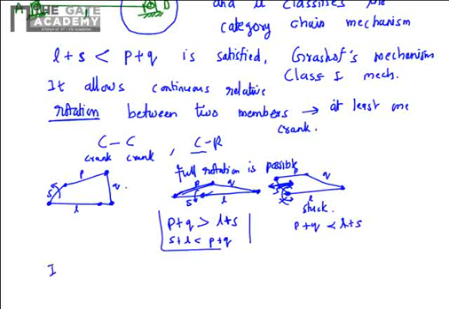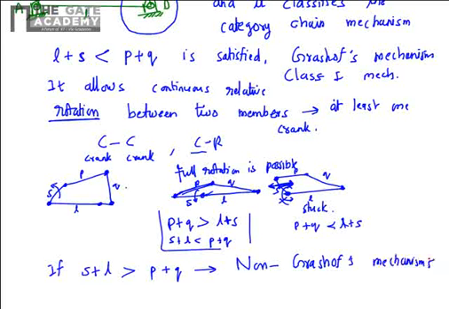For the cases where the sum of the lengths of the shortest and longest link is greater than the sum of the lengths of the other two links, those mechanisms are called non-Grashof mechanisms or class 2 mechanisms.